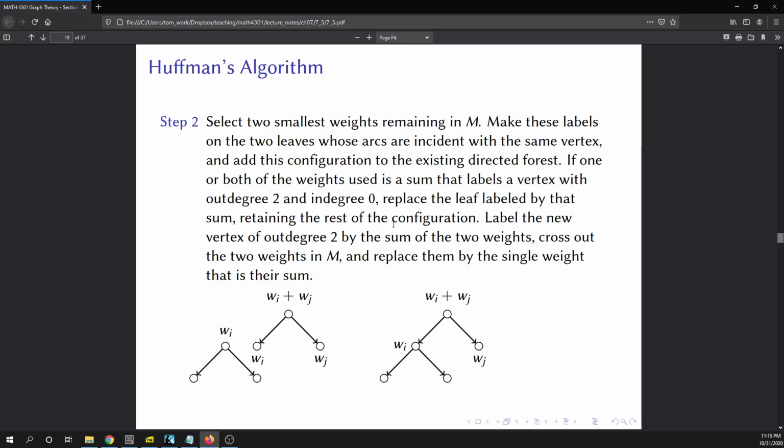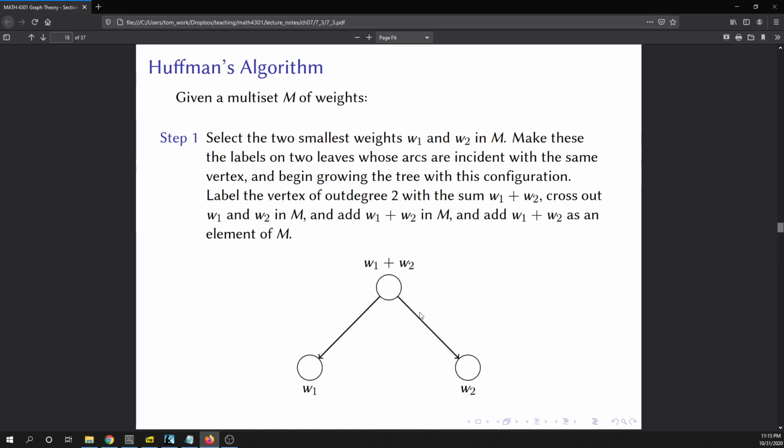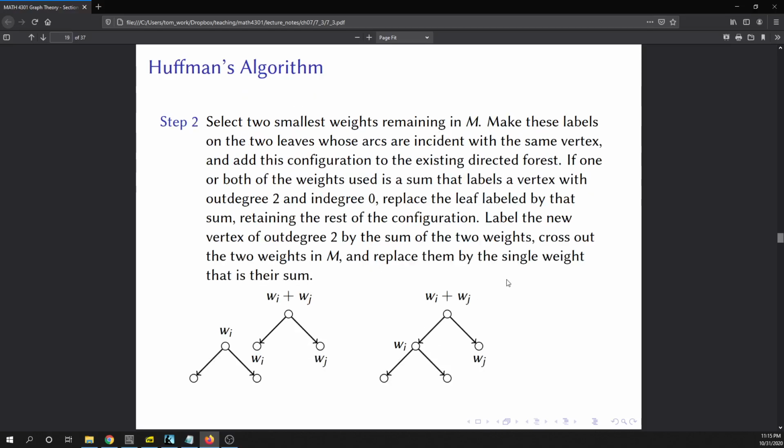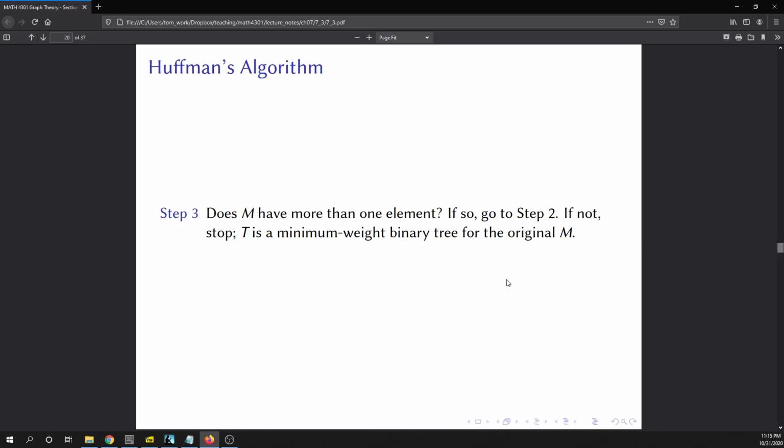We are going to be altering the multiset every single time. When you add these weights in here, you cross out those two smallest elements in the multiset, and then add in this weighted one up here.